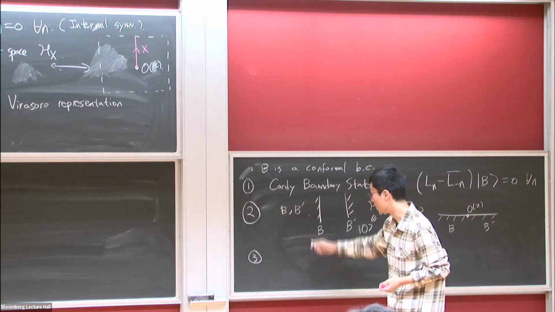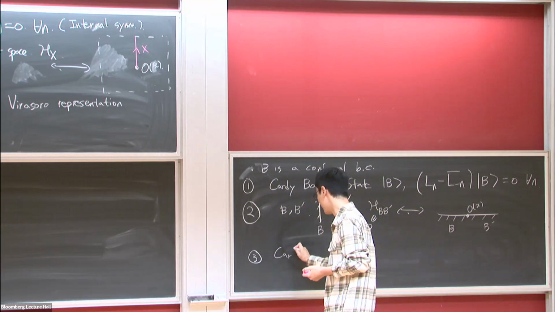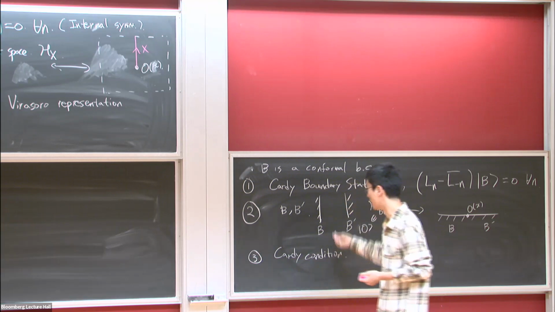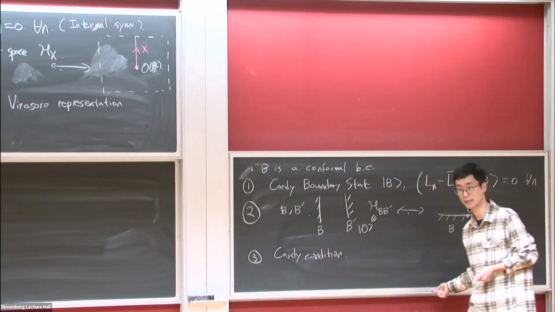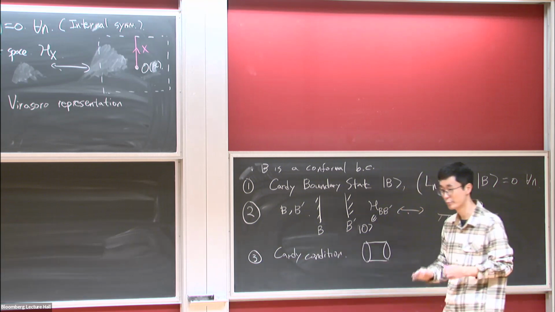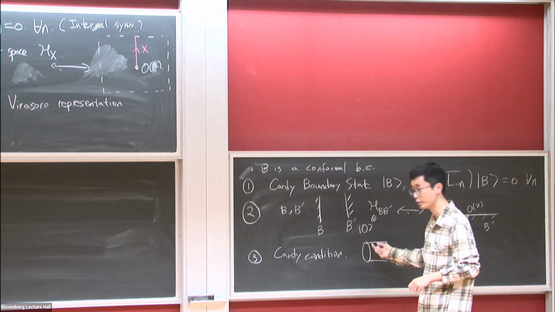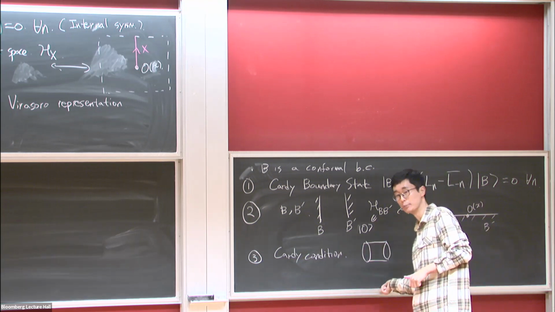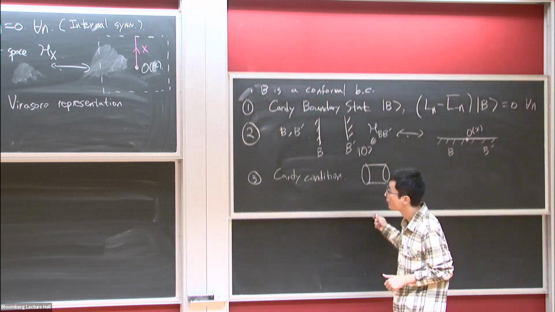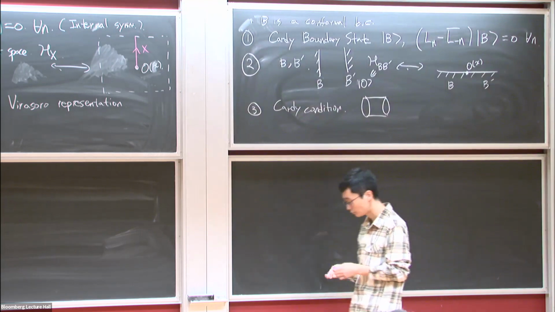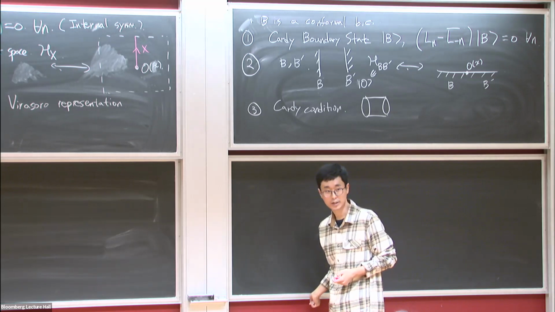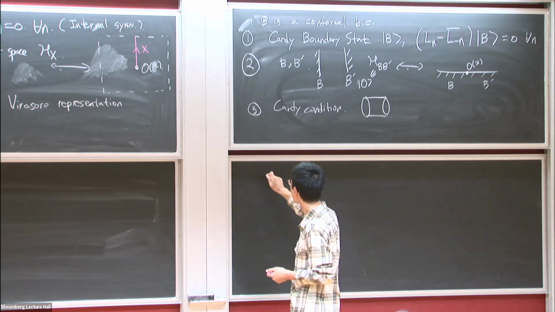And finally, there is a famous Cardy condition. It says that 1 and 2 must be compatible with each other, which I'm not going to write down. Just to remind everyone, it means that when you compute the cylinder amplitude, you should be able to do it both in the closed string channel and open string channel, and then the results must agree. And let me just introduce one technical terminology.